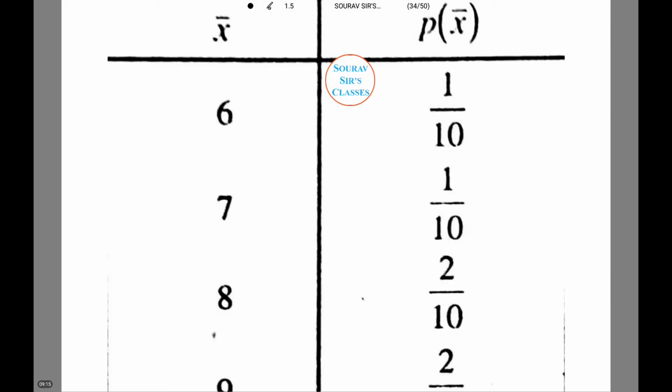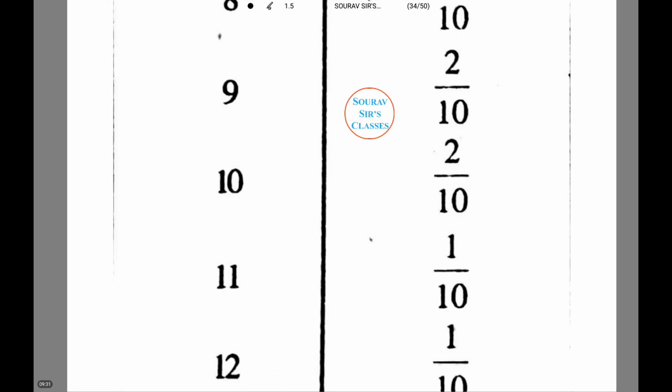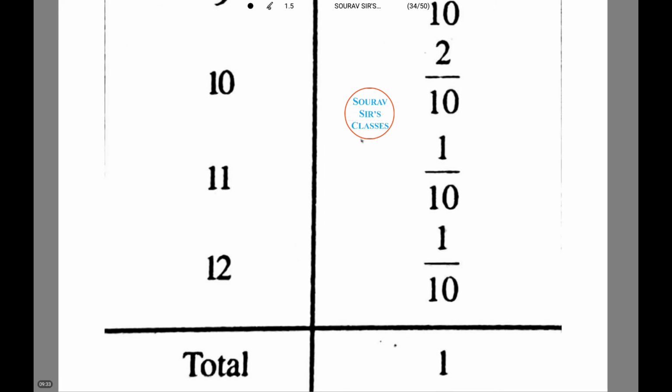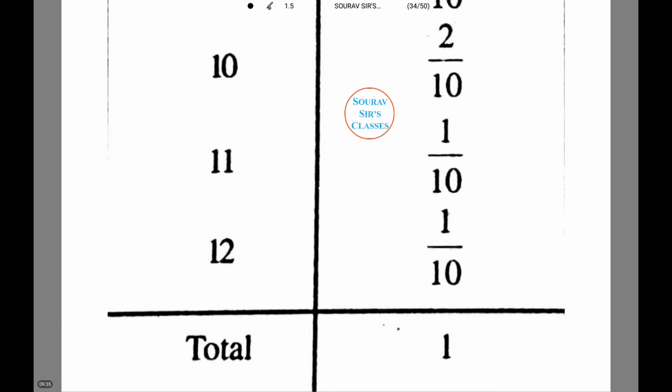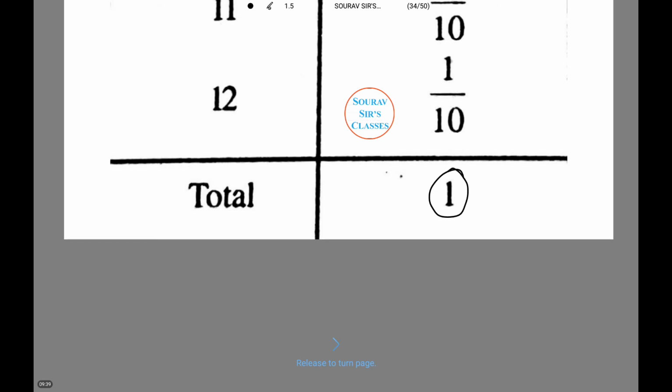Similarly, for the probability distribution function, we proceed as in part A. X bar 6 has a probability of 1 by 10, 7 similarly 1 by 10, 8 is 2 by 10, 9 is 2 by 10, 10 also 2 by 10, 11 is 1 by 10, 12 is 1 by 10, and upon addition we get 1, and hence our answer is correct.